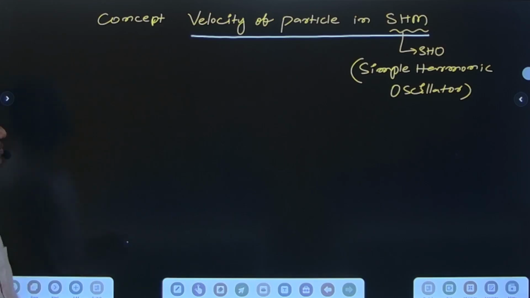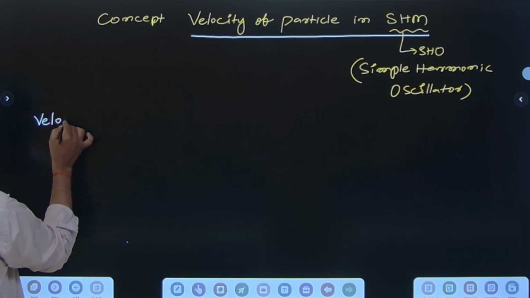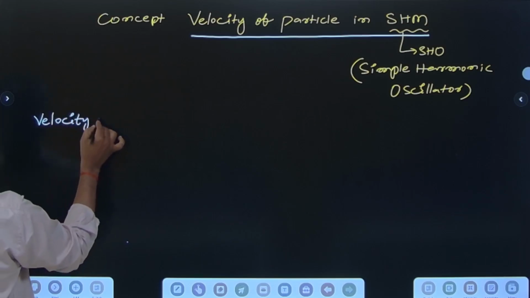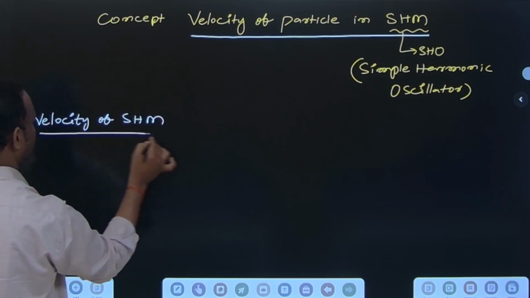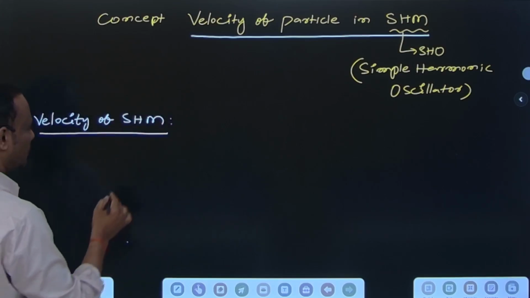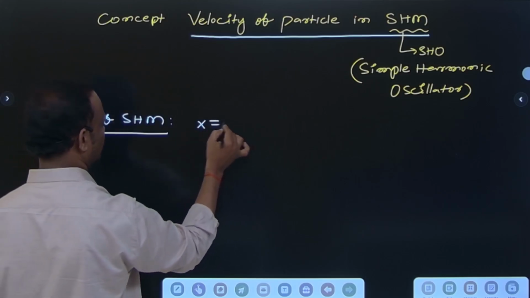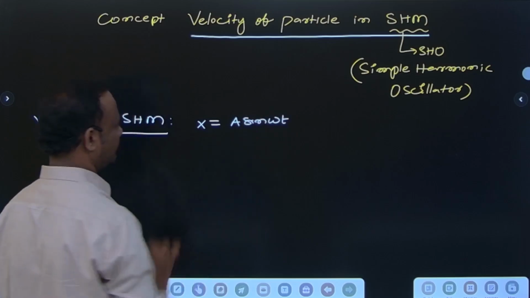So first one, what is the velocity in SHM? First let me know, what is the displacement given? Position. Position is x is equal to A sine omega t.